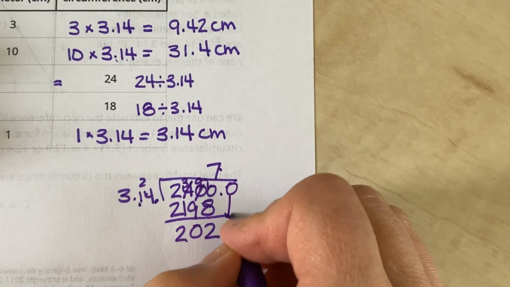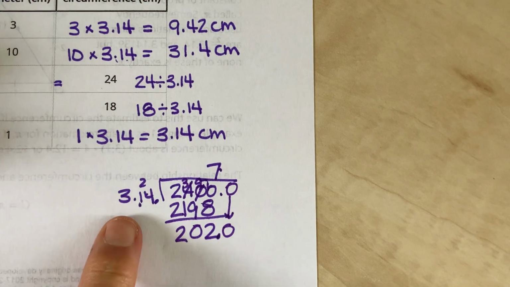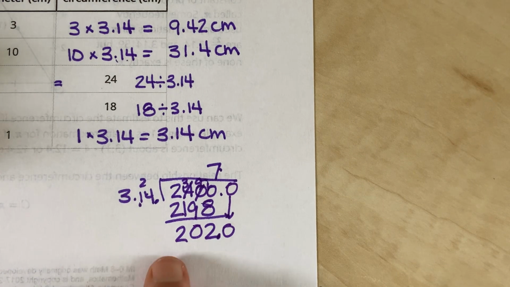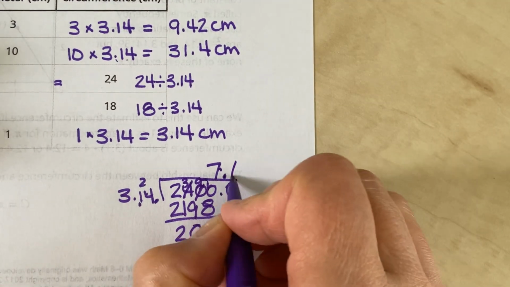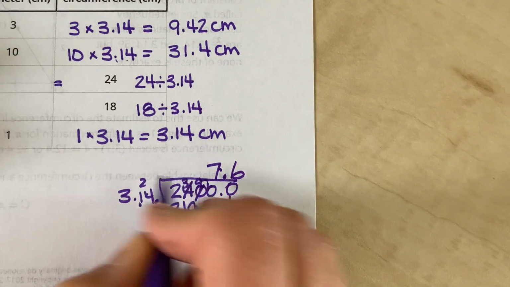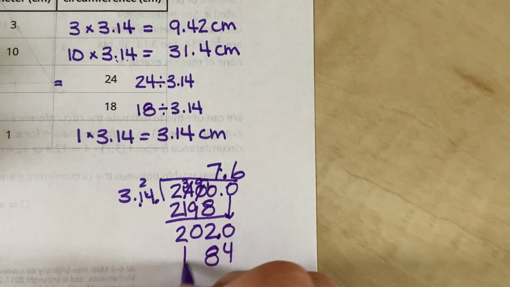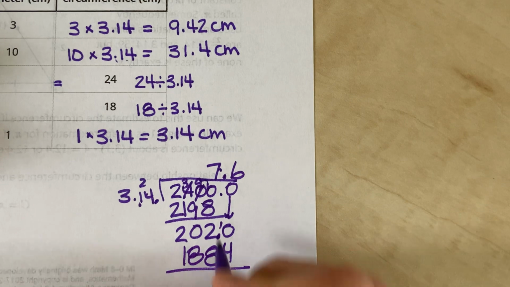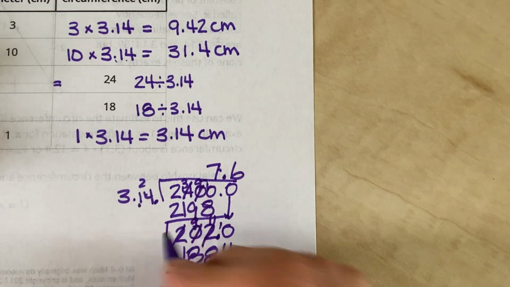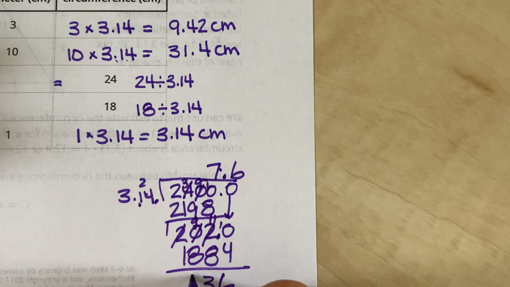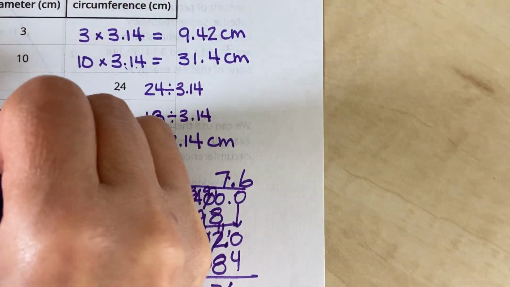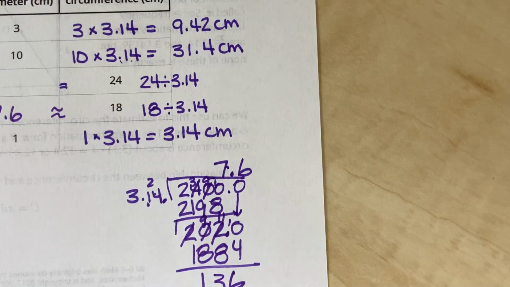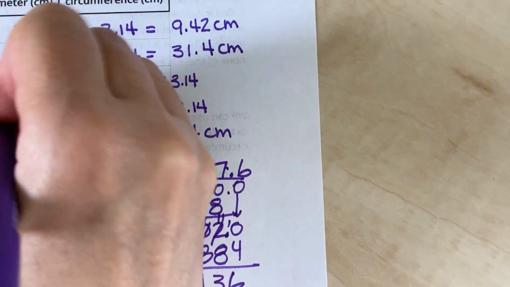So I would bring down a 0. Well, I know 7 times is 2,198. That's another 300, probably 6. 6 times 4 is 24. Okay. So I'm going to say it's about 7.6 here.